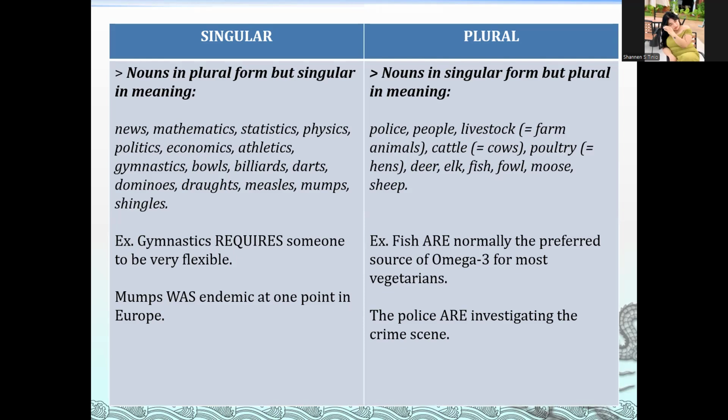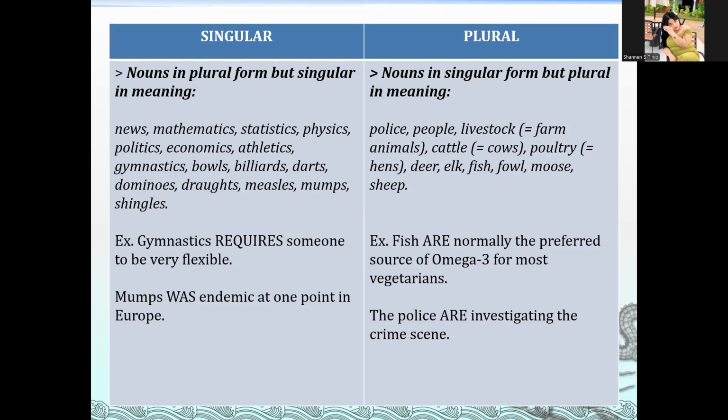But we do have some exemptions because there's a list of nouns that are plural in form but singular in meaning. May mga nouns daw na may S, pero singular lang sila, okay? For example, news. Mathematics. Hindi mo lang pwedeng tanggalin yun. Anong subject nyo ngayon?